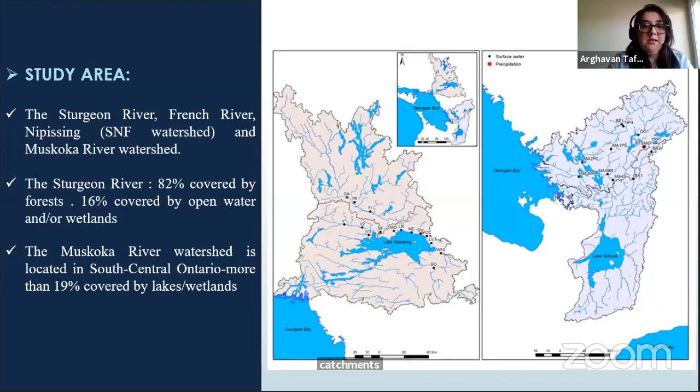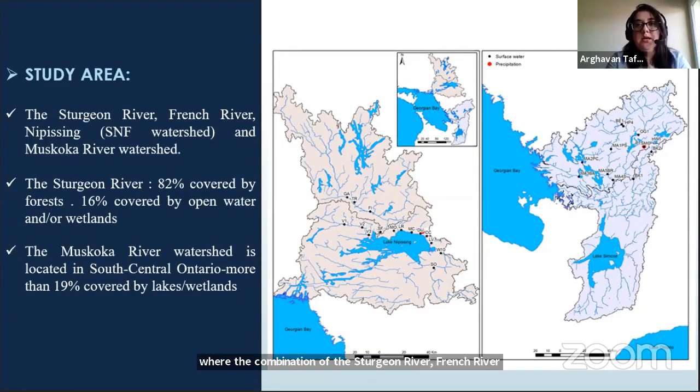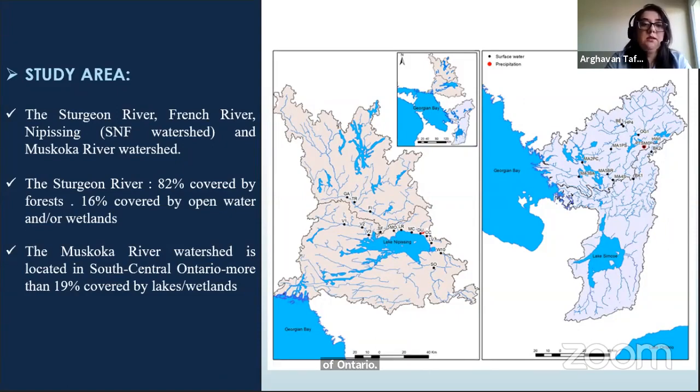My study area, as you can see on the right side of the slide, is the combination of the Sturgeon River, French River, and Nipissing, or SNF watersheds, and the Muskoka River watersheds, which are located in central and northeastern Ontario. Around 82% of the Sturgeon River is covered by forest, and around 16% by open water or wetlands.